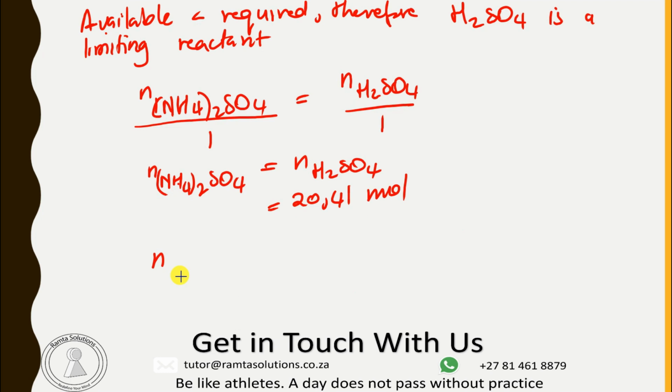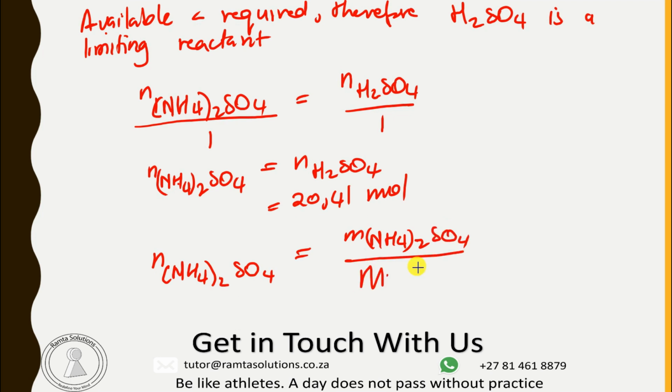To find the mass, we know that n equals mass over molar mass. So n of (NH4)2SO4 equals the mass of (NH4)2SO4 over the molar mass of (NH4)2SO4. Now let's substitute.